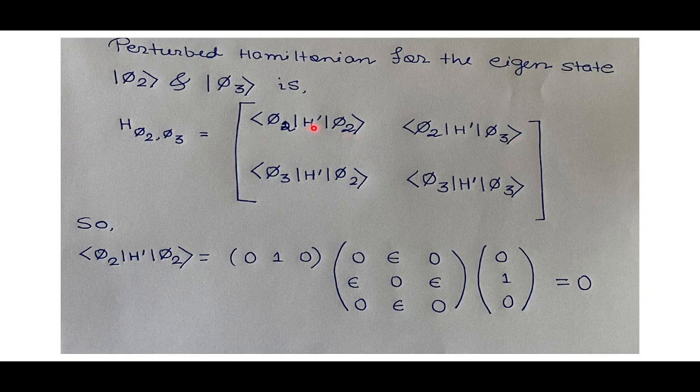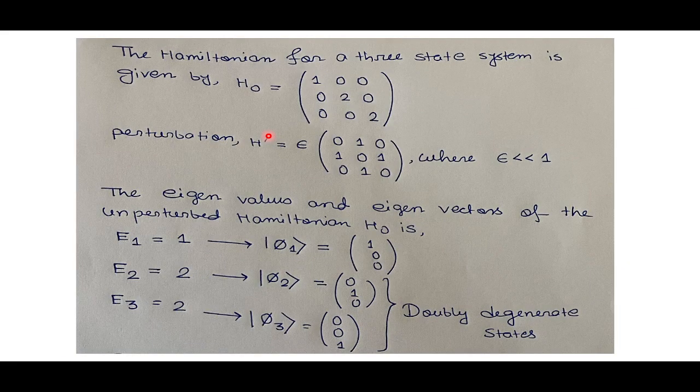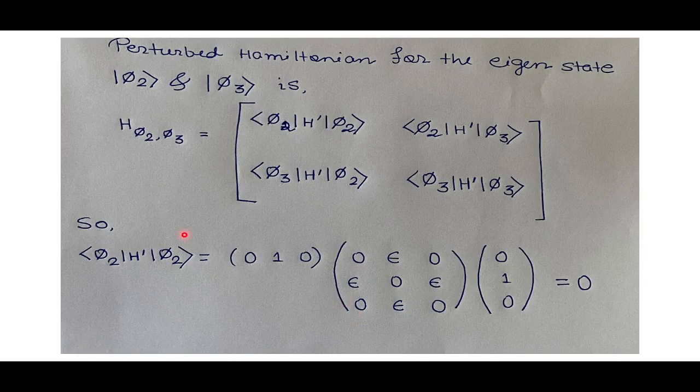We know the h dash that is given in the question. You know phi 2 is 0 1 0 and phi 3 is 0 0 1. If you find this matrix element, you will get 0. I have not shown the calculation. You can just multiply these two matrices first, then multiply with this matrix, and you will get 0 essentially.